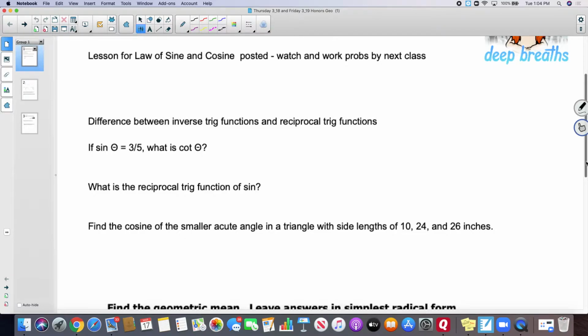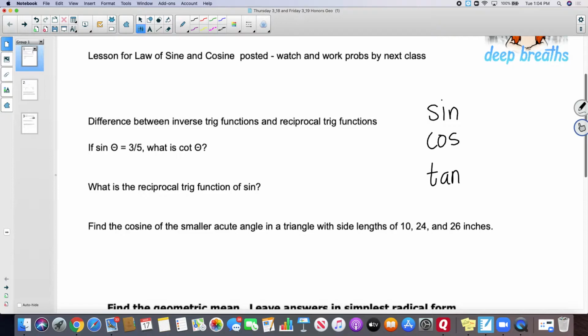So we started this with SOHCAHTOA. So we started with sine, cosine, and tangent. Okay? The reciprocal trig functions are when we take that and flip it over. Remember, reciprocal means that we take our fraction and we flip it over.